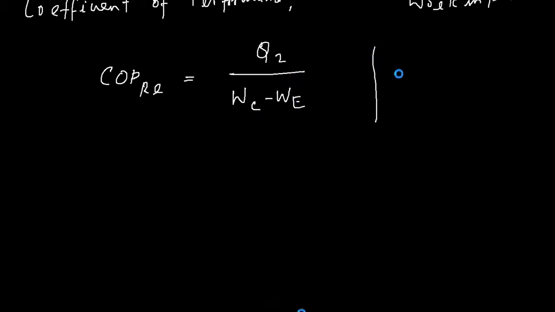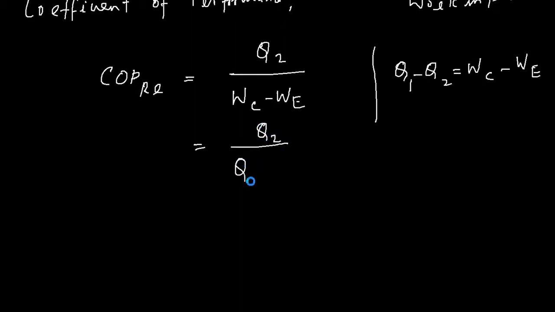But based on the first law, we can say Q1 minus Q2 equals WC minus WE. Therefore it will become Q2 over Q1 minus Q2, or you can say that is Q2 over net work, or net heat, both same.